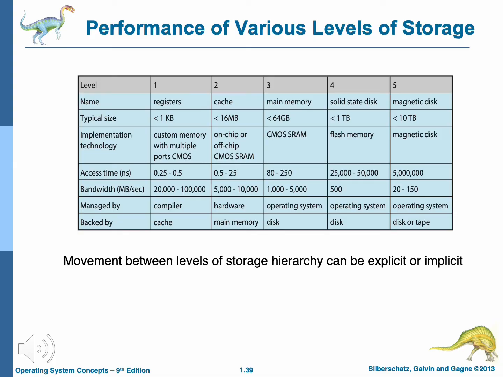Various replacement algorithms for software-controlled caches are discussed in Chapter 9. Main memory can be viewed as a fast cache for secondary storage, since data in secondary storage must be copied into main memory for use, and data must be in main memory before being moved to secondary storage for safekeeping.